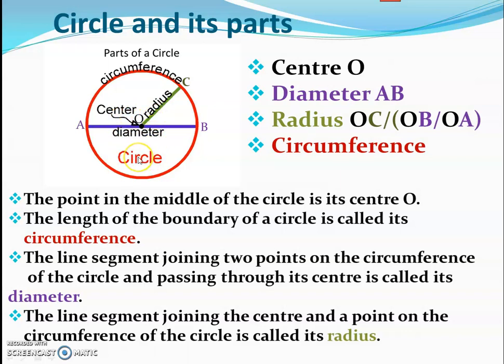The line segment joining the center and a point on the circumference is our radius. You should always be thorough with the definitions of all 4 parts of the circle.